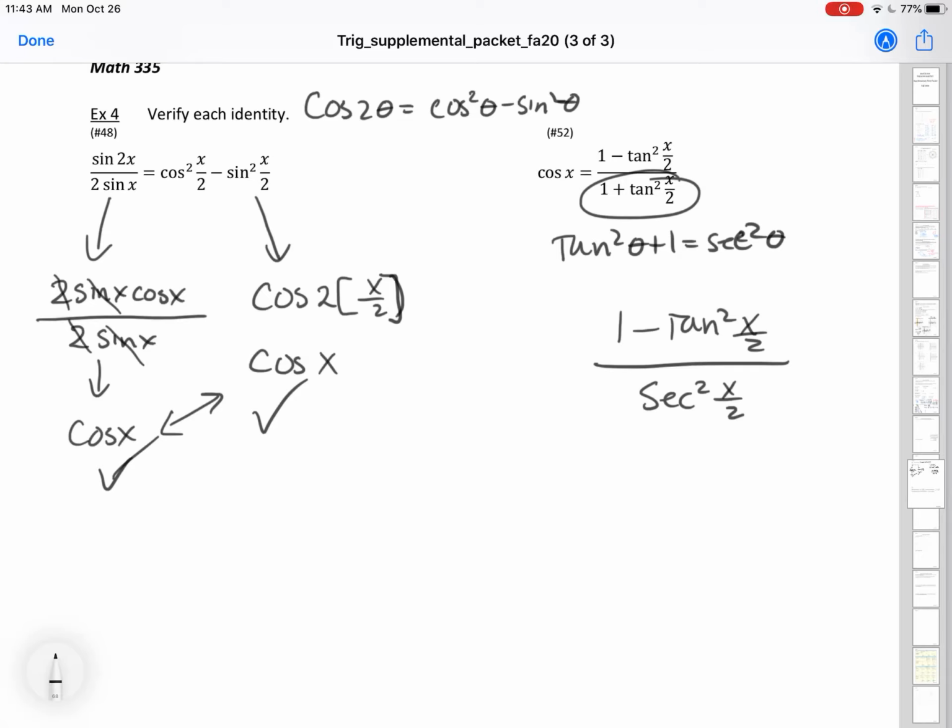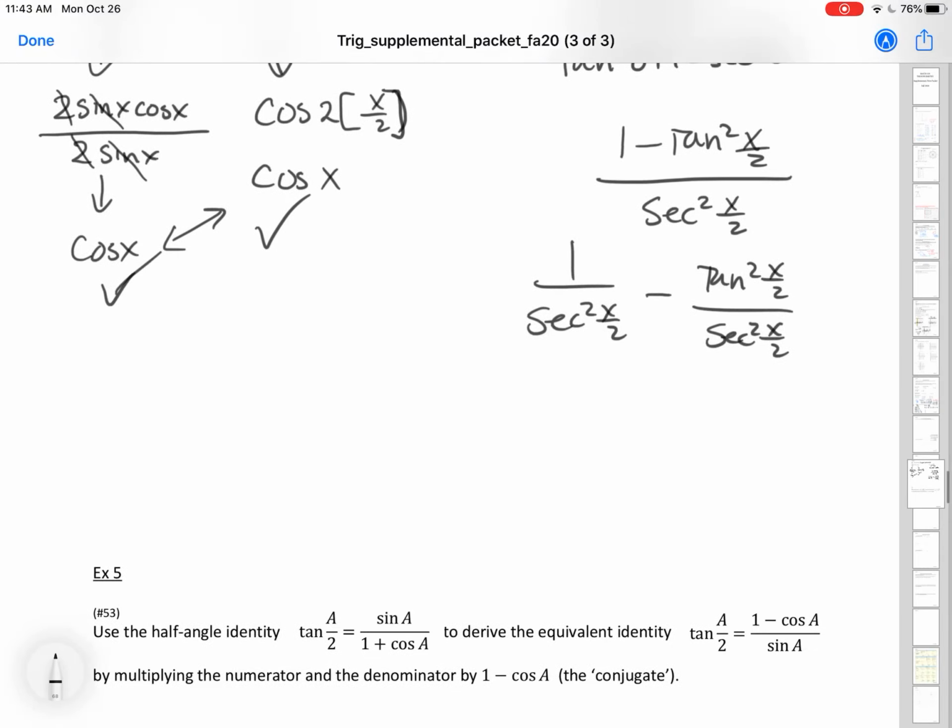Okay, perfect. Well, how did that help me? Well, now I have a solid denominator. Whenever I have a solid denominator, I look to split it up. 1 over secant squared x over 2 minus tangent squared x over 2, all over secant squared x over 2. Alright, now let's use our fundamental identities. 1 over secant, well, secant's the flip of cosine, so cosine squared x over 2.